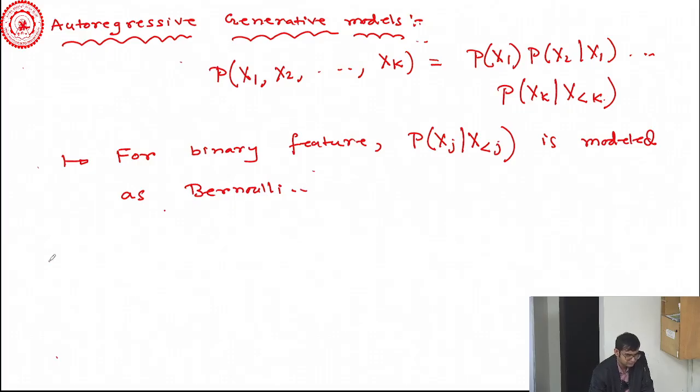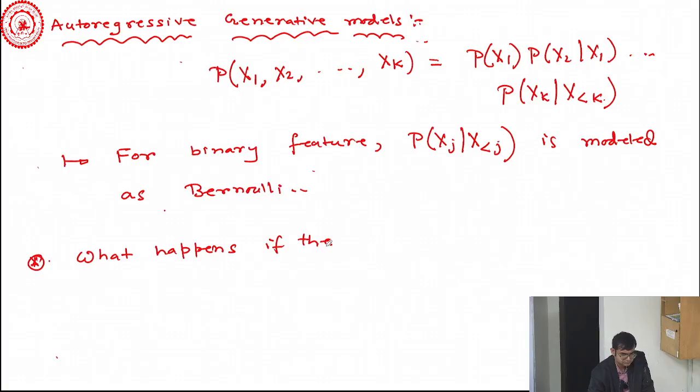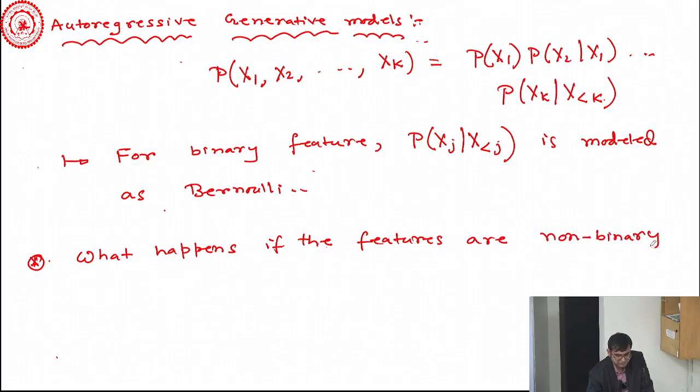So now the first thing is, what happens if the features are non-binary discrete?